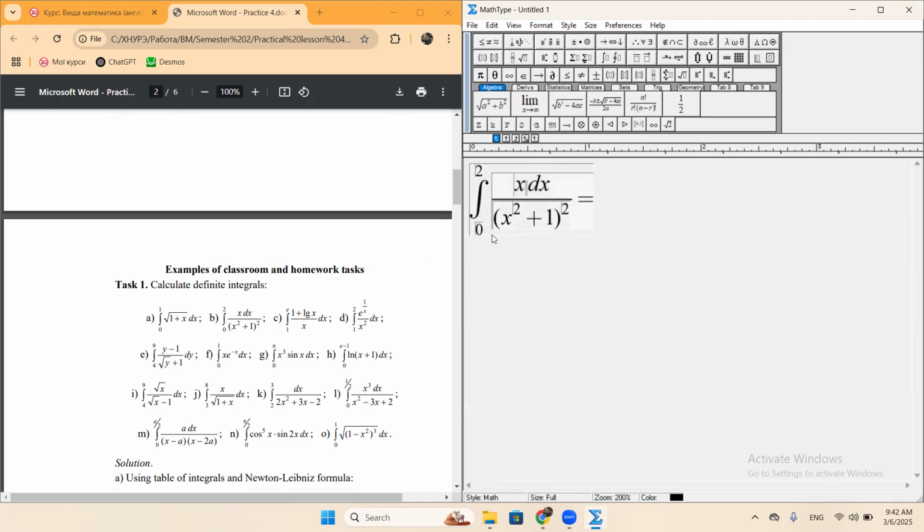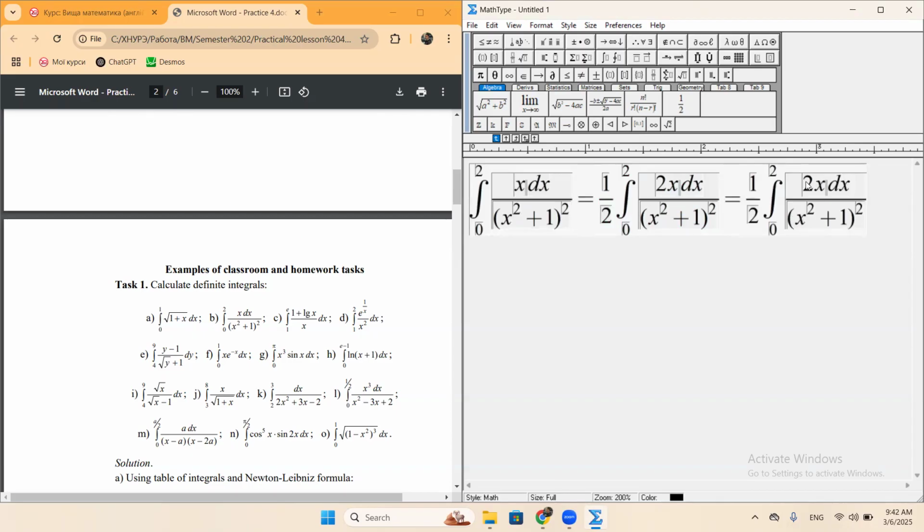How to solve? We will use the well-known differential entry technique, because in the numerator we can see the differential of the expression in the brackets.